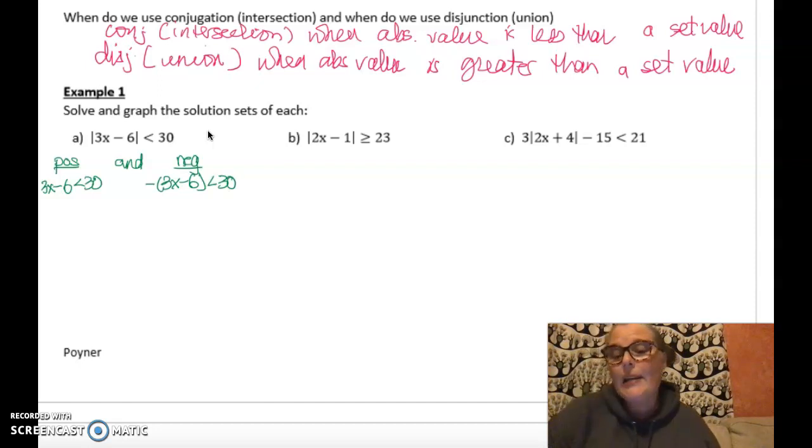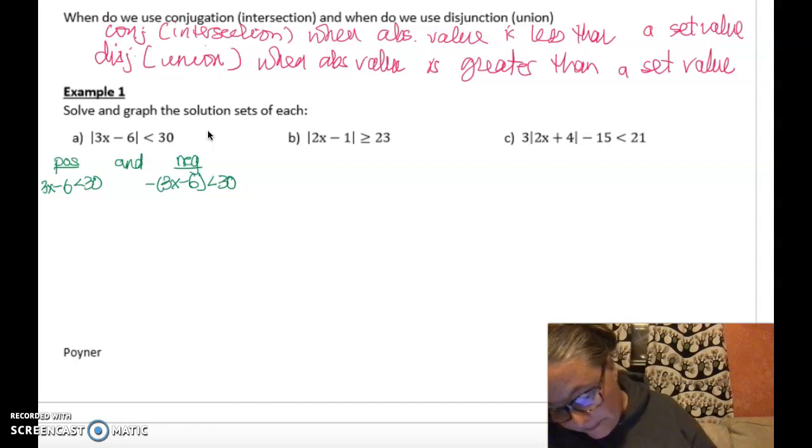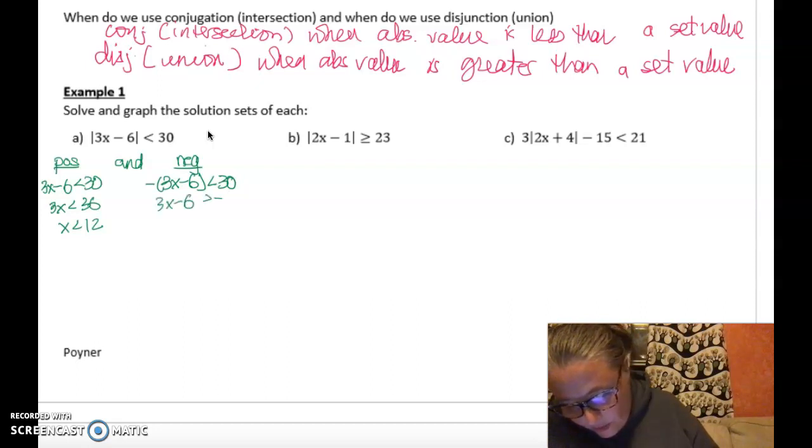And because it's an and, technically I'm supposed to look for where they intersect. So in this case, I have 3x is less than 36, x is less than 12. And over here, divide both sides by -1, I get 3x minus 6 is greater than -30.